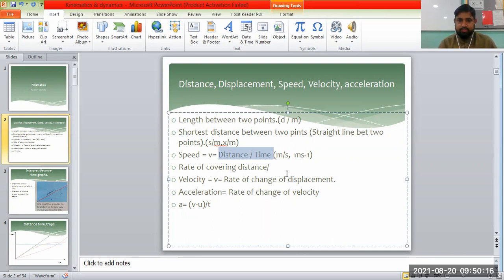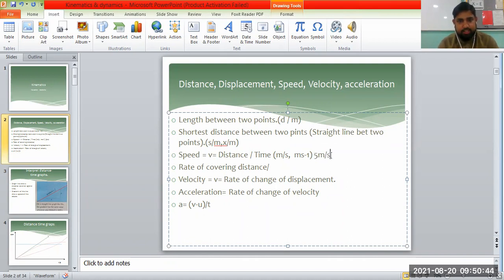Is that clear? So for example, you have a speed of 5 meter per second. That means 5 meter distance is being covered in 1 second. 5 meter per second speed means 5 meter distance being covered in a second.